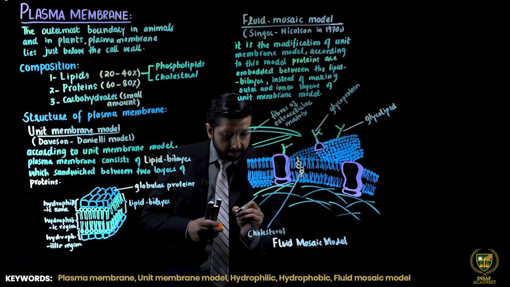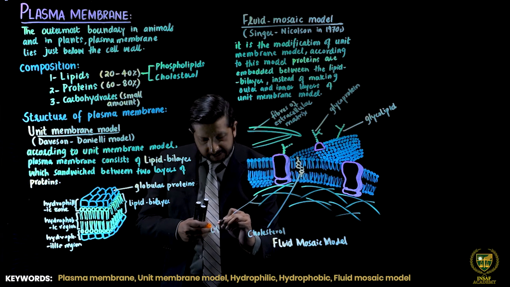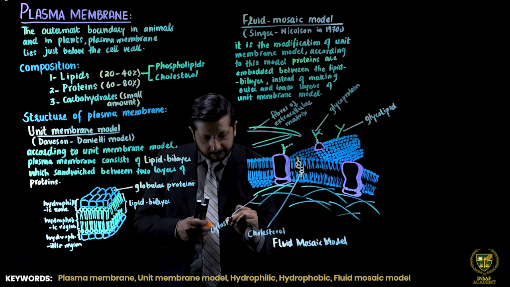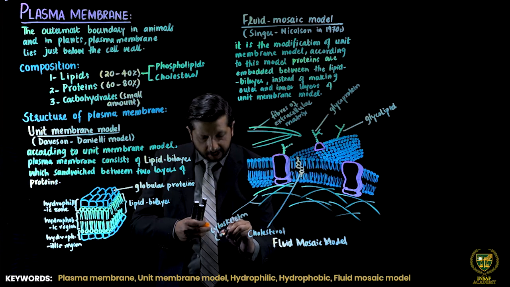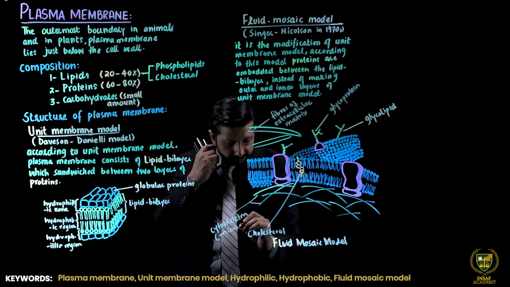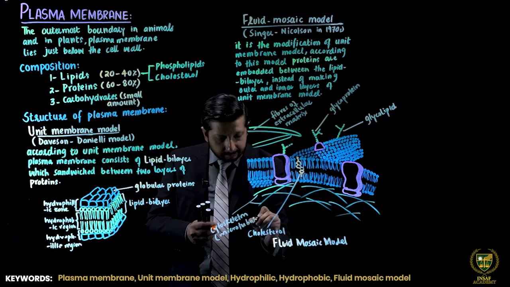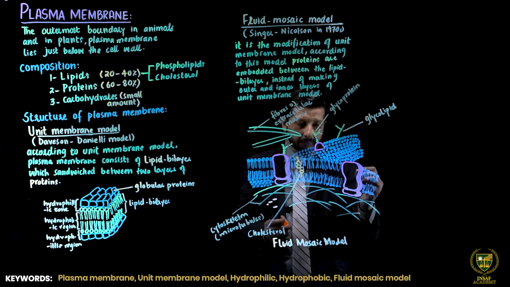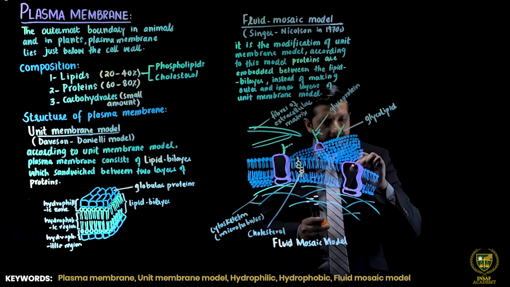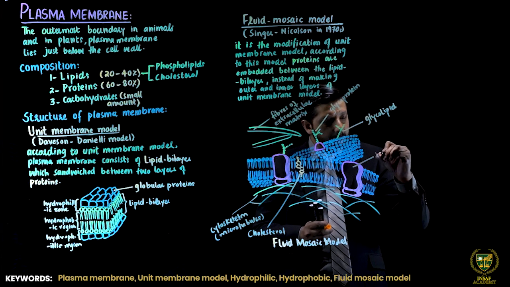And these green fibers, these are the cytoskeleton. And basically these are the microtubules or microfilaments. And this is basically called as the integral protein.